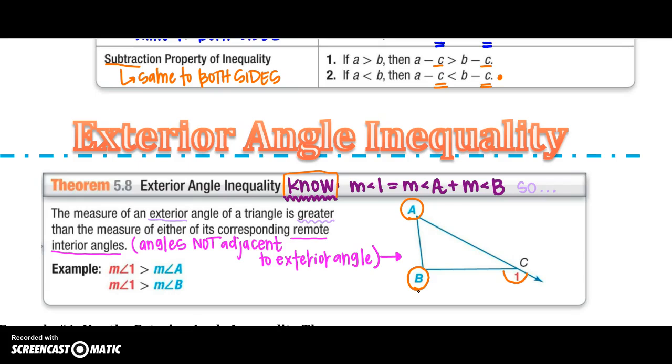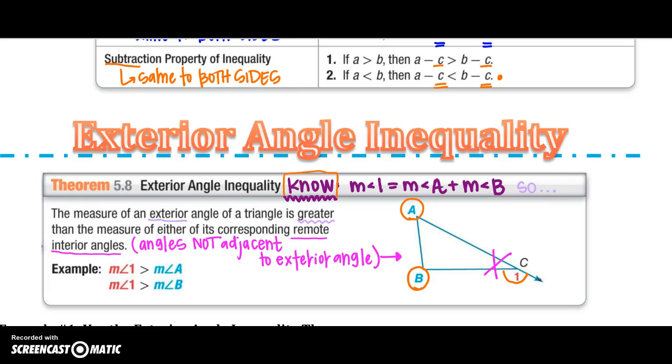The measure of an exterior angle of a triangle is greater than the measure of either of its corresponding remote interior angles. And remember what remote interior angles mean: the angles that are not adjacent to the exterior angle. Notice that angle C is adjacent to angle 1, so that would not be considered a remote interior angle if I'm looking at angle 1.